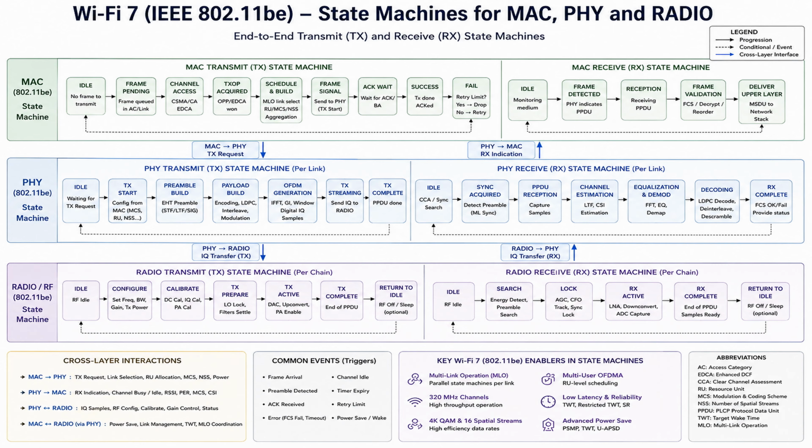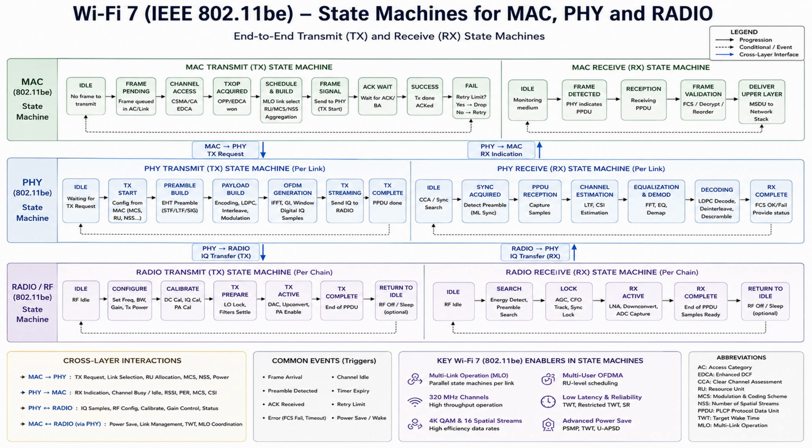Configure frequency and bandwidth, calibrate the DC offset, calibrate IQ balance and power amplifier, lock the local oscillator, then go TX active, driving the DAC and up converter. The receive chain handles energy detection, AGC, and carrier frequency offset locking. Then the LNA down conversion and ADC capture. Both sides can optionally drop to a sleep state, which ties directly into power saving.